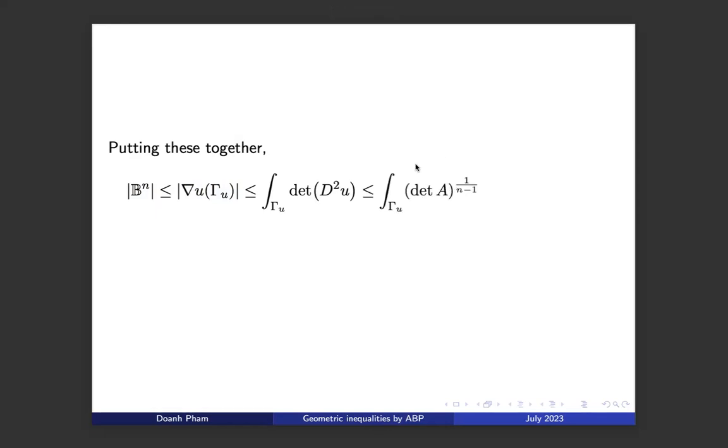The next step is by Lemma 2, the second lemma. And that finishes the proof. One can say that our proof is very inspired by Cabre's argument.